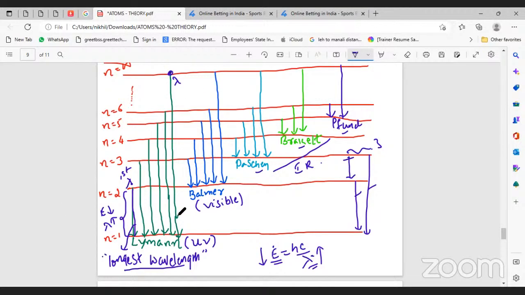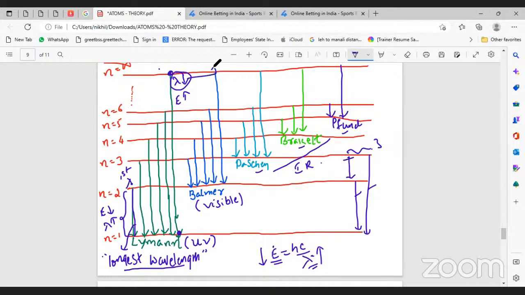Then, coming to the last line, students. In the case of the last line, the energy is more. The energy gap between infinity and first is a very large gap, right? So the energy gap is more. If the energy gap is more, the wavelength will be less. So the last line of the spectral series always corresponds to lesser wavelength.